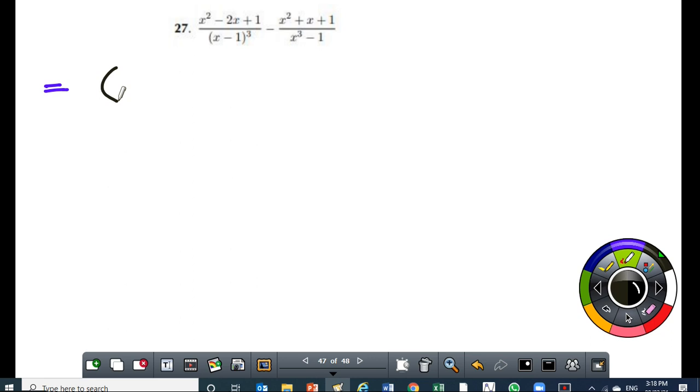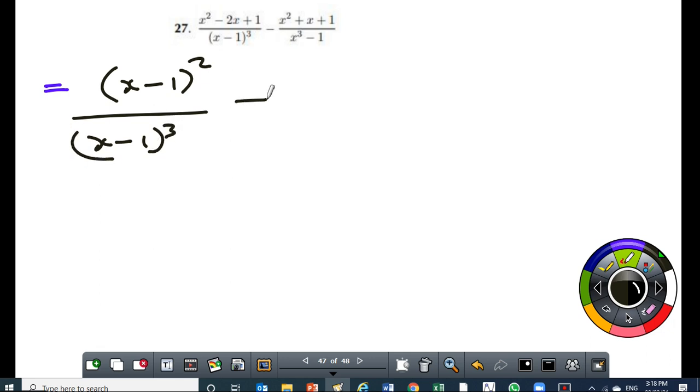So, I'm going to factorize that, it will be x minus 1 all squared. Okay, remember, a perfect square trinomial has got the same factors when you factorize. Then the denominator, you have got x minus 1 cubed minus. Now, that numerator of the second fraction, can it be factorized? It can't be factorized.